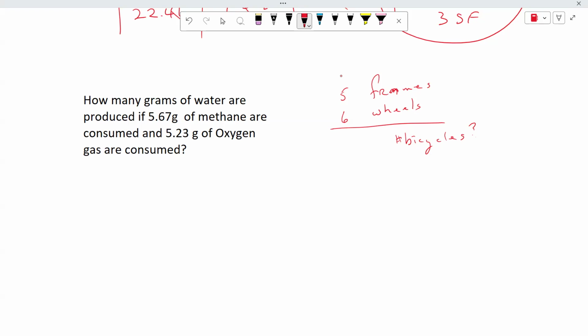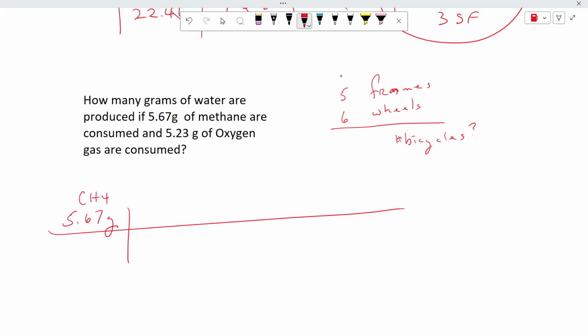Okay, so we've got 2 givens. One is methane and one is oxygen gas. One of them is going to limit the amount of water we make. So we have to do 2 calculations now to figure out which one is less. And that's the one that limits. So when you think of limits, think of less. Okay, so the first one, let's just start with methane. And we're producing water.